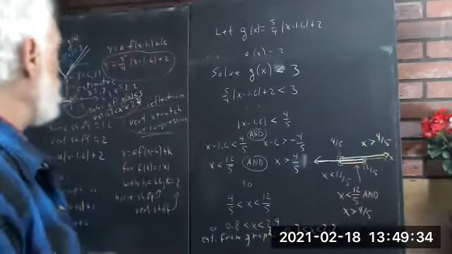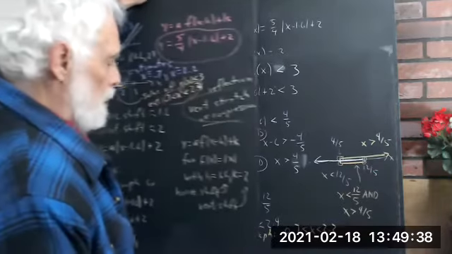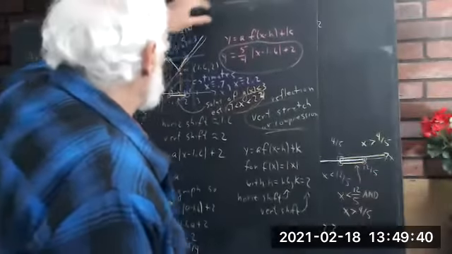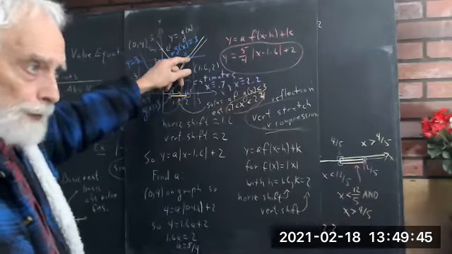So we see on the graph the solution of the inequality g of x less than 3, and we make sense of it.